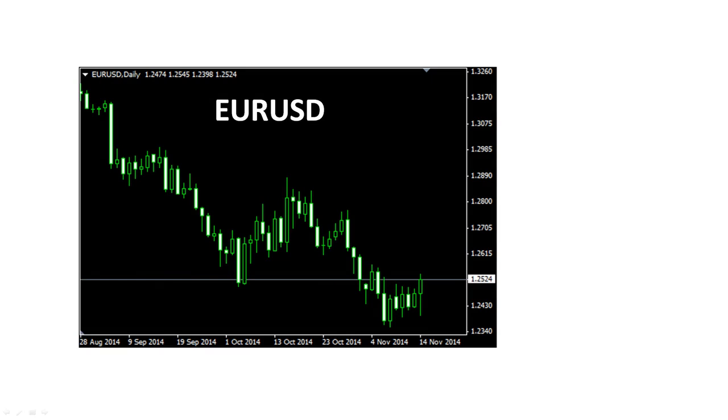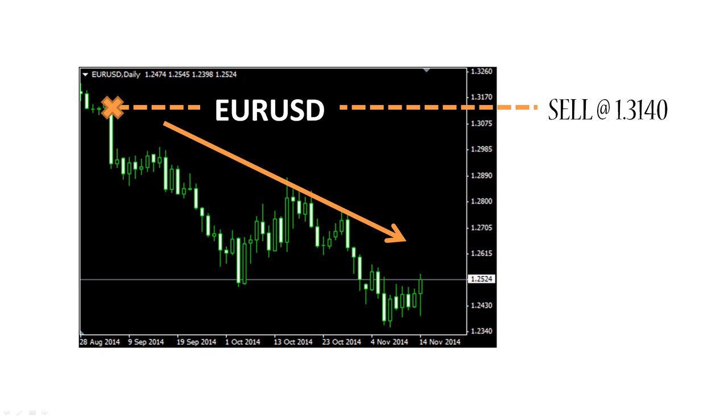So here's a chart, and how would a bearish type of trader profit from this downward trend? Well, there's a trend, and a bearish trader would enter somewhere over there where we see the X on the top left.